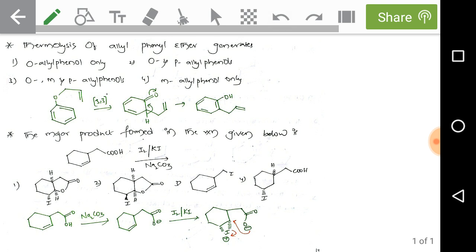Why is it backside? Whenever we are not predicting any stereochemistry, the given branch should be taken as above the plane. This is the fundamental thing. In that case the 3-membered iodonium ring should be at the backside of the plane, and O minus should attack from above the plane. Whenever that happens, the first option is the correct product for the given problem.